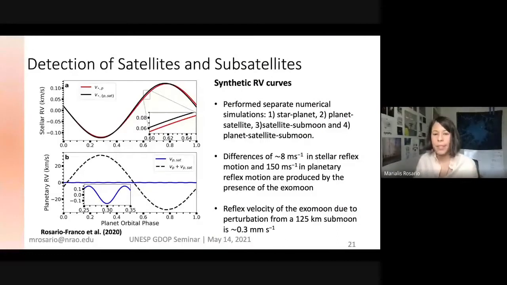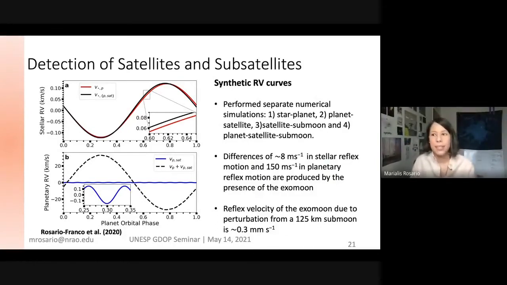Even though these detection methods have been assessed for exomoons before, I think it's important to reassess them, and not just reassess them, but compare these with what would happen if there was a submoon there.